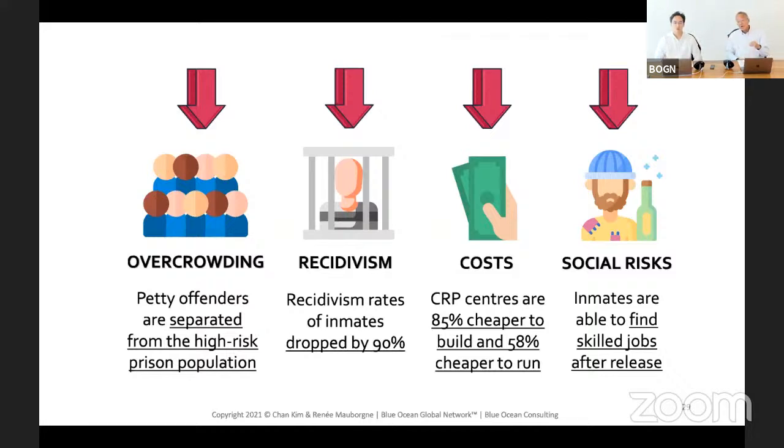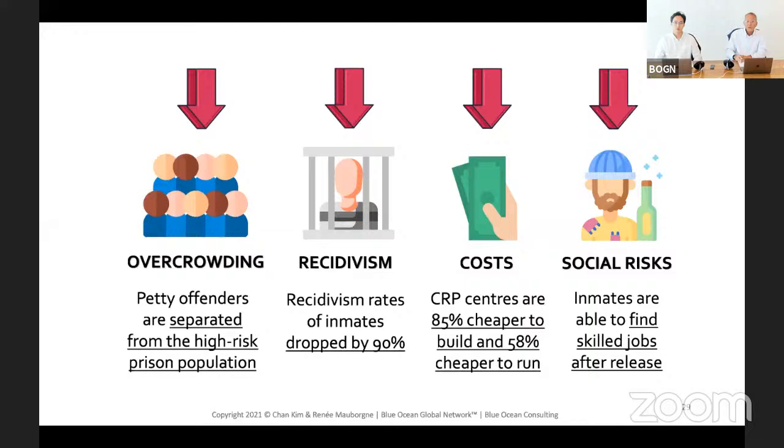So we solved the overcrowding problem. When the overcrowding problem is solved, we immediately cut off the vicious cycle. We solve the recidivism problem, and we reduce all the costs and the social risk.